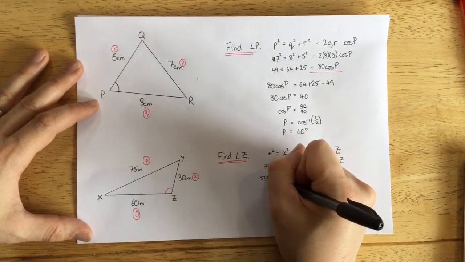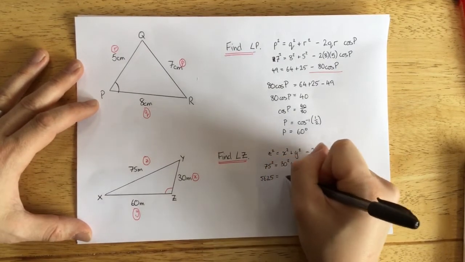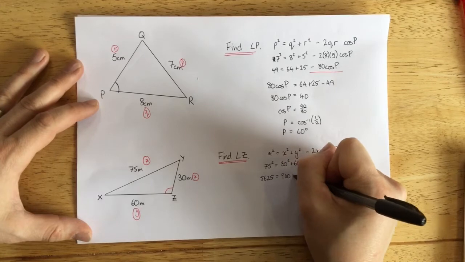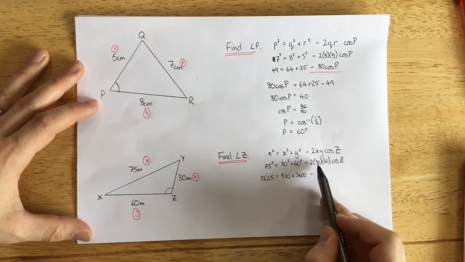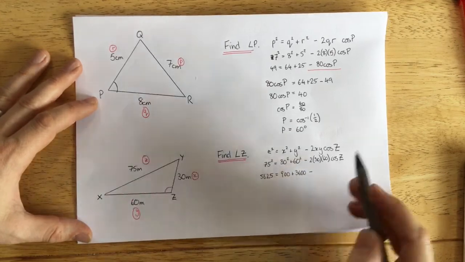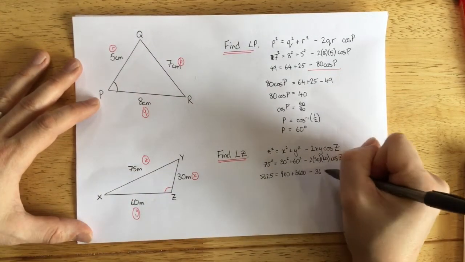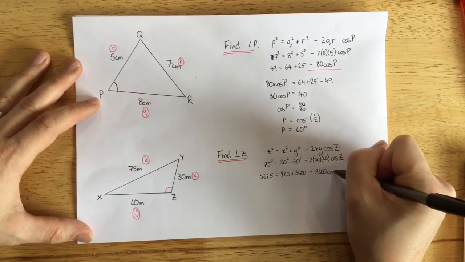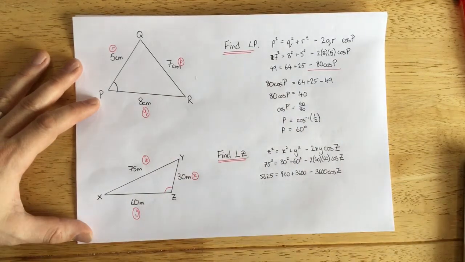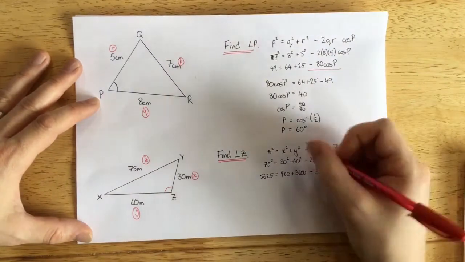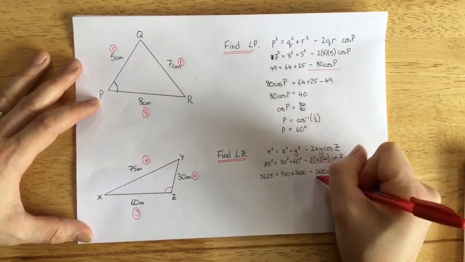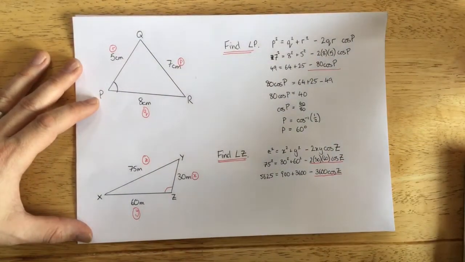That's 5,625 is 900 plus 3,600 minus, so 30 times 60 is 1,800 times 2 is 3,600, but that's attached to the cosine z. It's 3,600 cosine z. That's, again, very, very important that we realise that's all one term. It's a cosine z term.